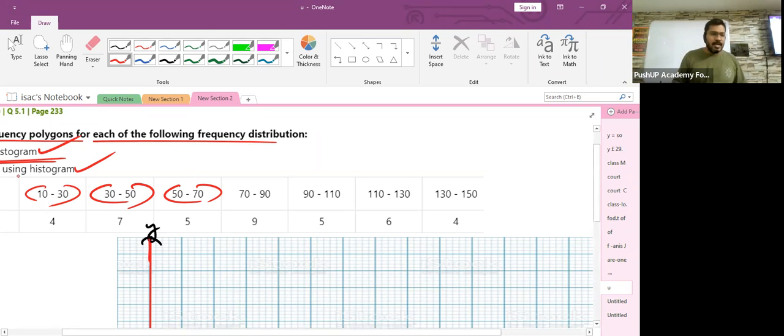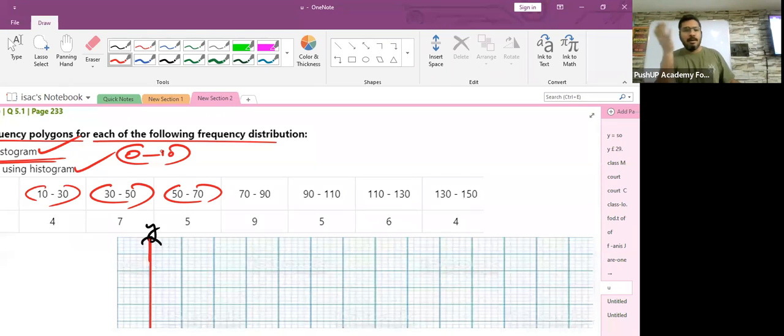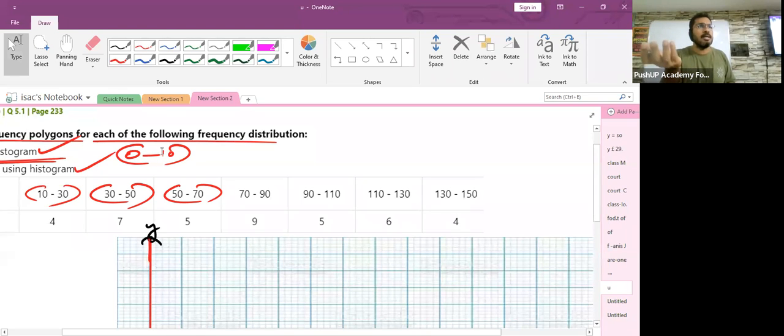Now, children, do we have any idea what is happening for the class interval 0 to 10? No. Why don't we have an idea about it? Because in the table given to us, they are talking directly from 10 to 30.